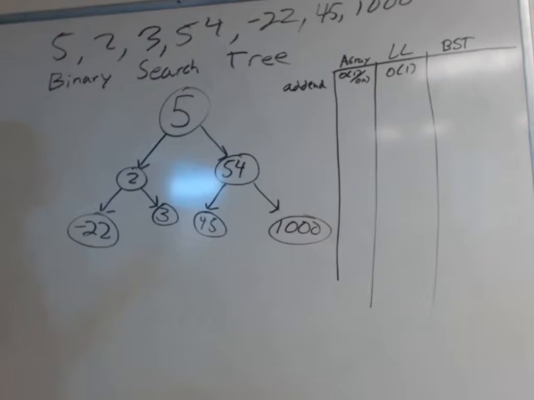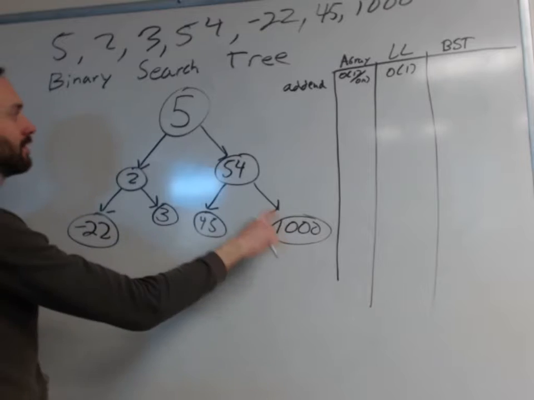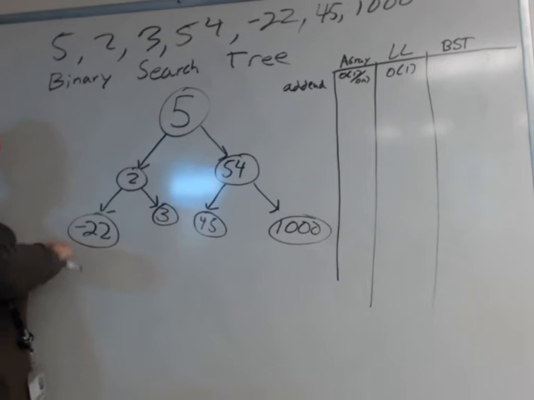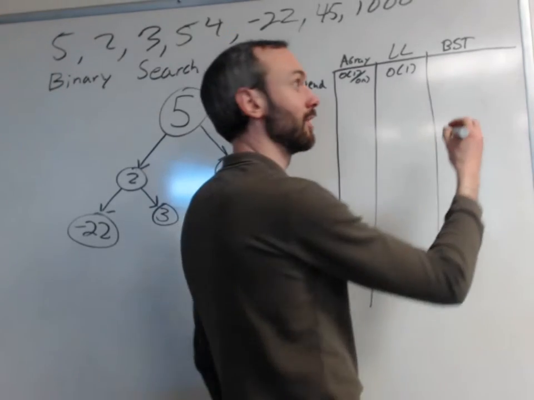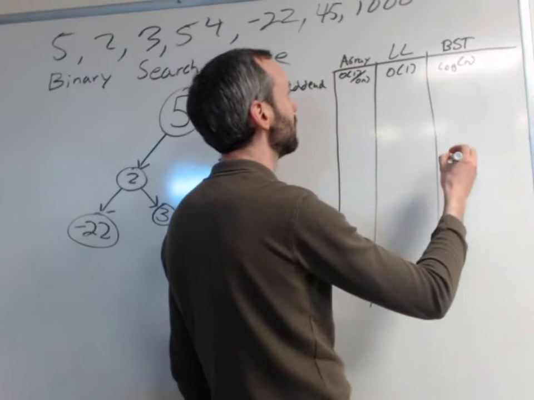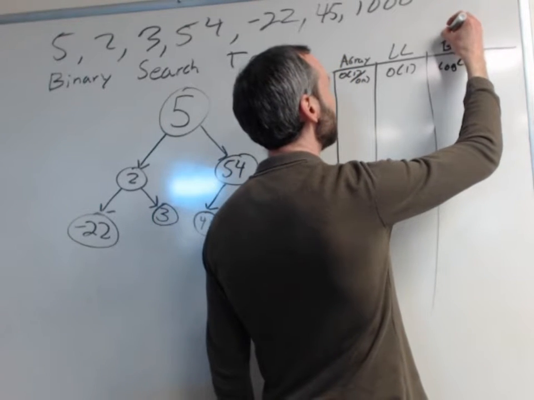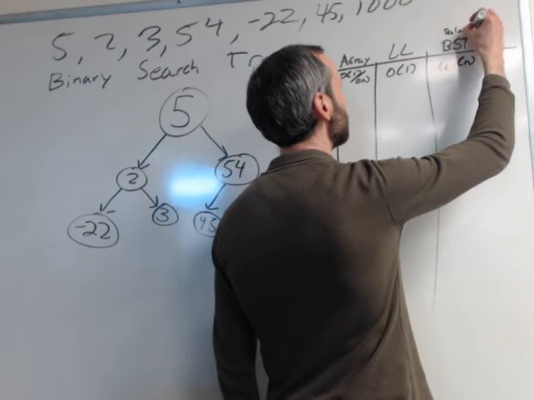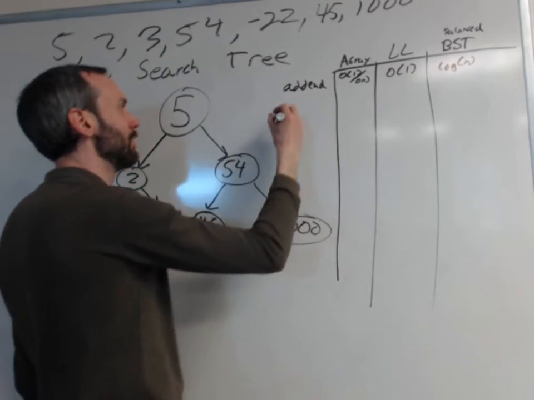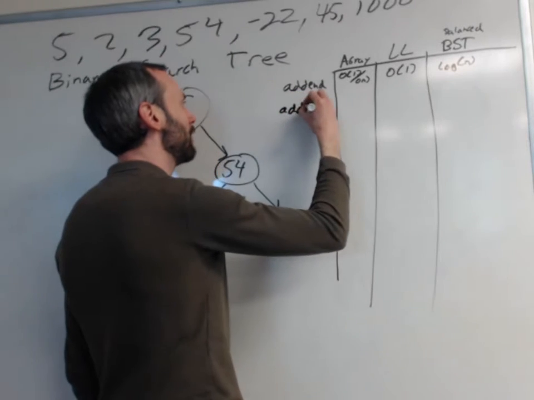We did just talk about this, but that's okay. Remember, if you need to add the 1,000, you start at the 5, you go to the right, you just cut out half of the, yeah, so it's log of n. This is going to be the pattern here, guys. I'm going to put the word balanced up here, and I'll talk about that in a bit. Ignore that for now. I just want to show you why this is so important.